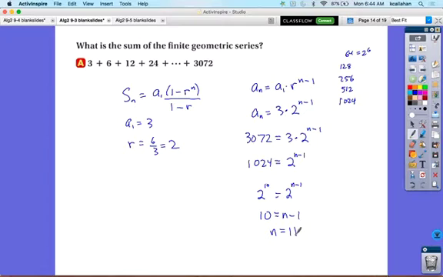So using all of that, let's plug in. S11 equals a1, 3, times 1 minus 2 to the 11th divided by 1 minus 2. And at that point, you should go to Desmos.